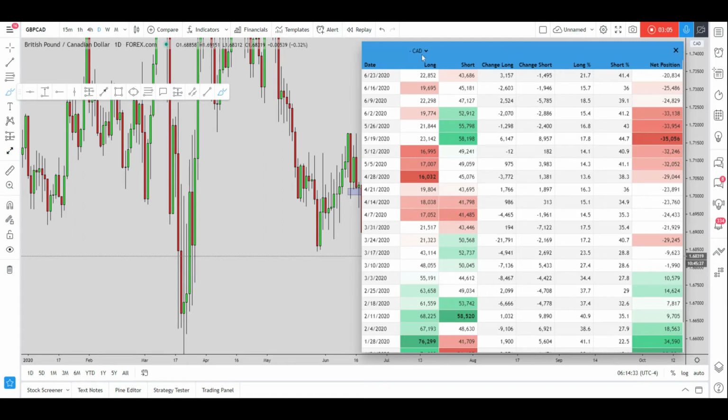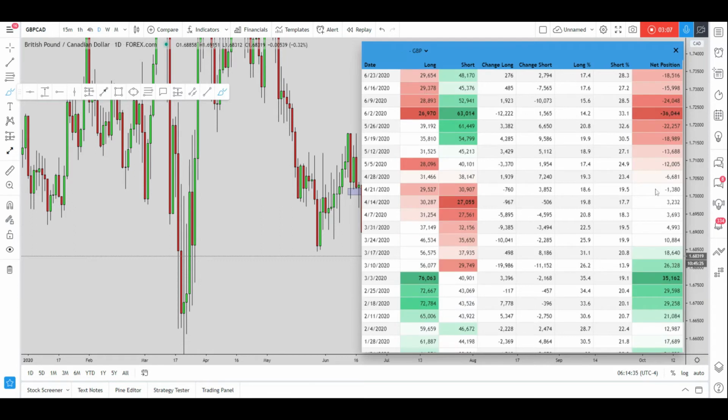Now, if we go and see what we have from a GBP perspective, what we can see is that we had a very similar situation. Net positions shifted from 35K to minus 35K. So from having way more longs than shorts from an institutional perspective on the pound to having more shorts than longs. So a long-term bearish pound. And that is why we looked for shorts on many GBP pairs.